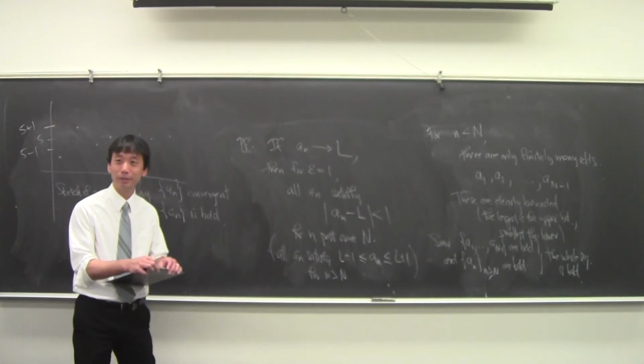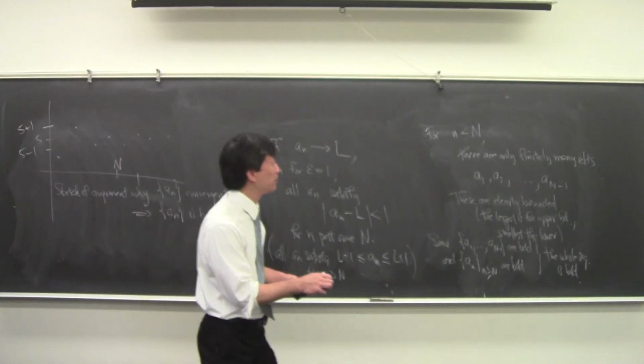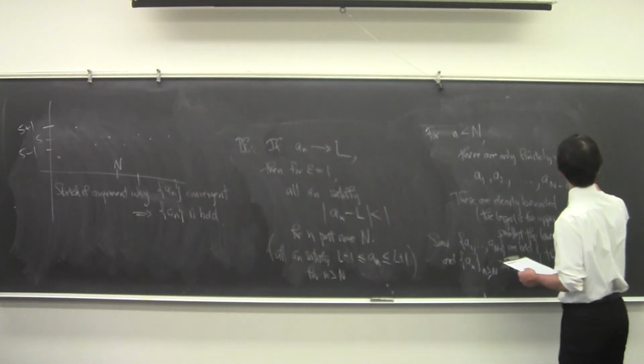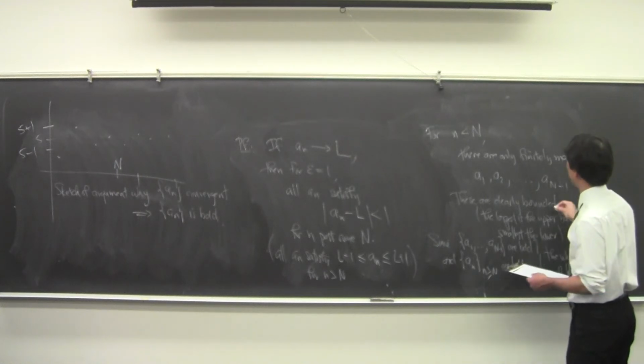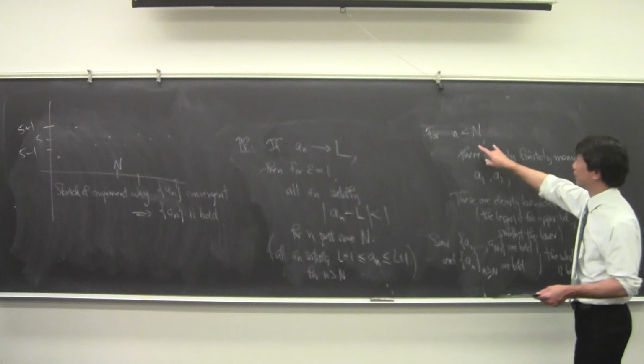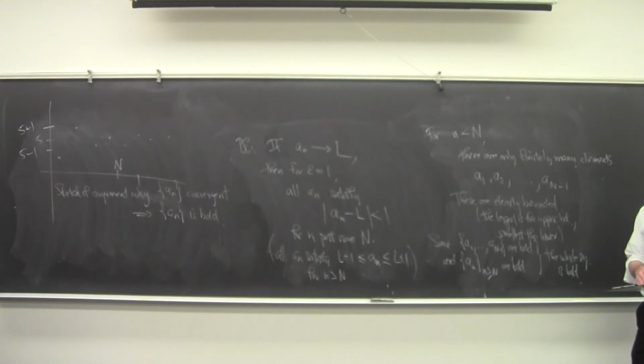Anna, where did you write there are finitely many what? Elements, sorry. Elements. There's only finitely many elements of your sequence. These are clearly bounded. The largest is the upper bound, the smallest the lower.